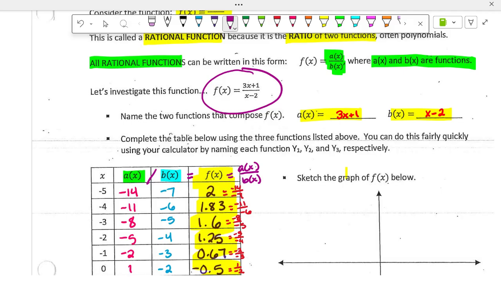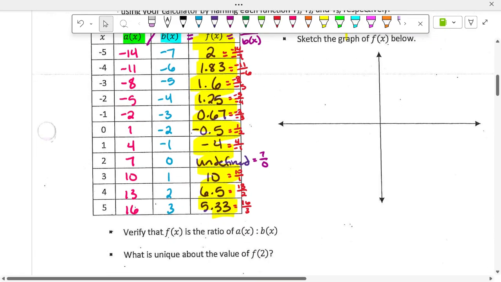Why? 2 minus 2 is 0. So if we plug in that 2 for x, 2 minus 2 is in fact 0. So that is an excluded value. x equals 2 is known as its excluded value.